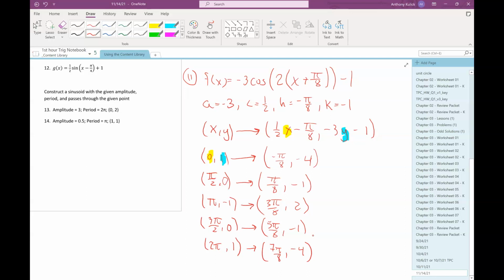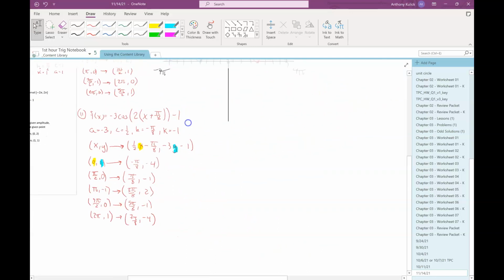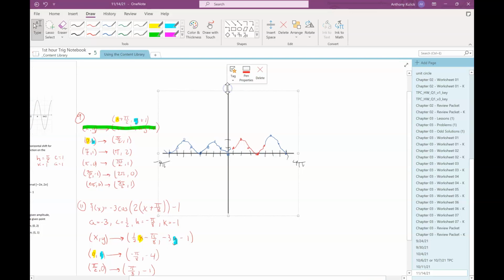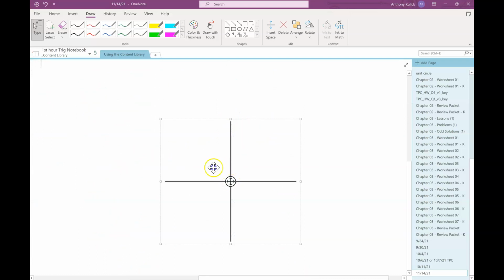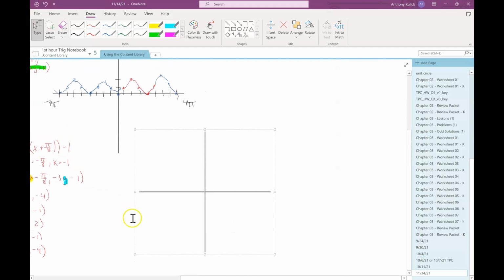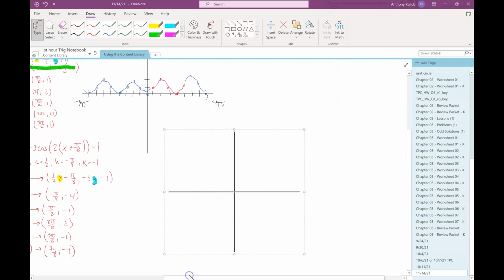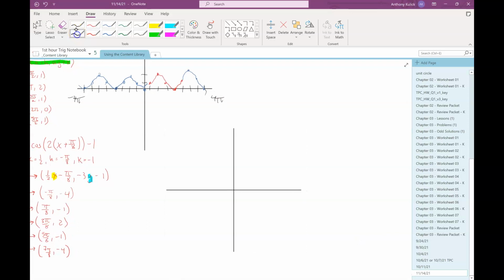Okay. So now that I've done this, I'm ready to draw an XY axis and make some tick marks and draw my graph here. Well, that's a weird spot that I decided to put that. The directions ask to go from negative 2 pi to positive 2 pi. And if I look at my graph, I'm really going by eighths. So I should have like 16 tick marks on each side. That feels like a lot to me.